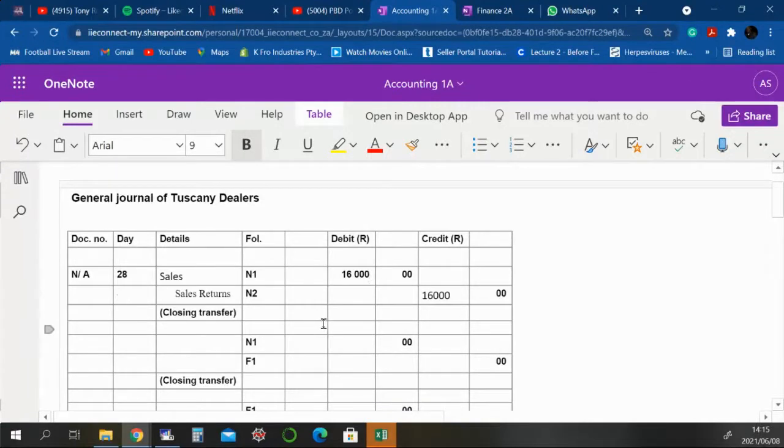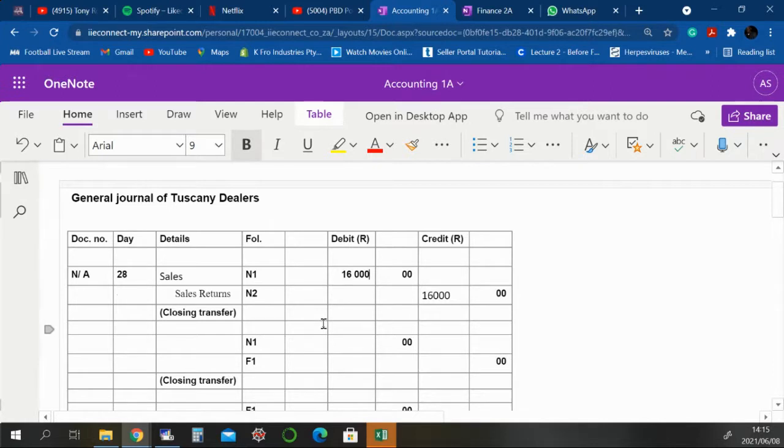So what's happening here is, isn't this reducing your sales? So this is the balance on your sales for the year. Then what we're saying is, you need to also close up sales returns, and that has then reduced your sales.